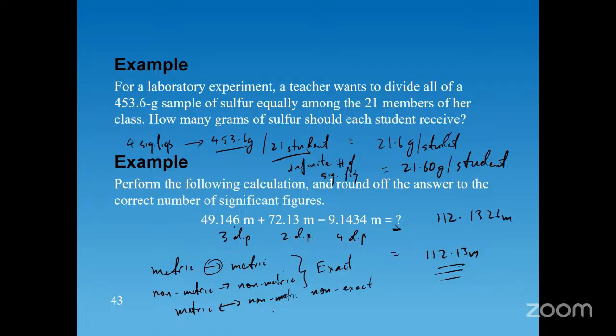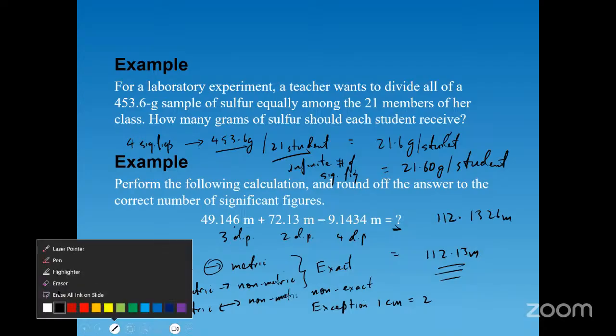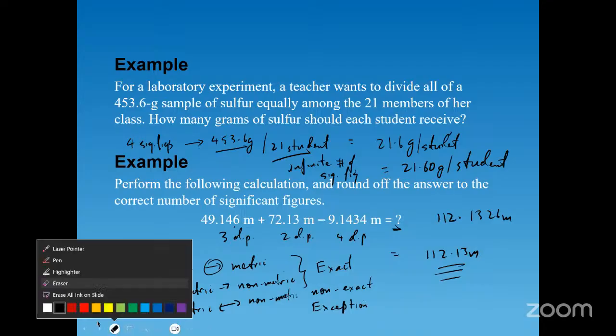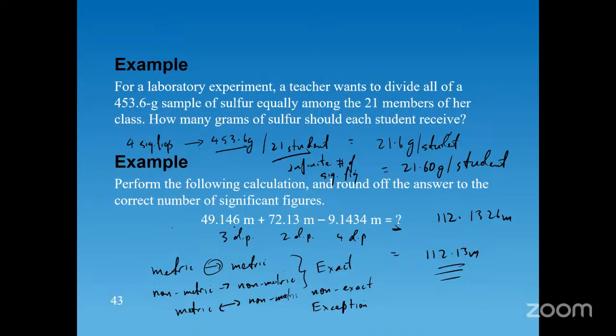But there's one exception to this, so let me write this down here. The exception is the relationship between the centimeter unit and the inch unit. I had that wrong. Hold on one minute, that is not quite correct. 1 inch is equal to 2.54 centimeters.